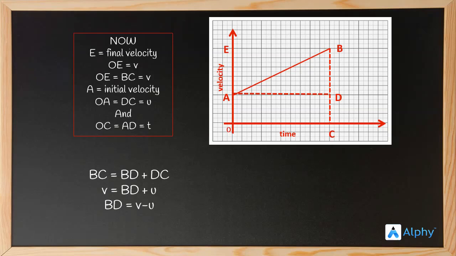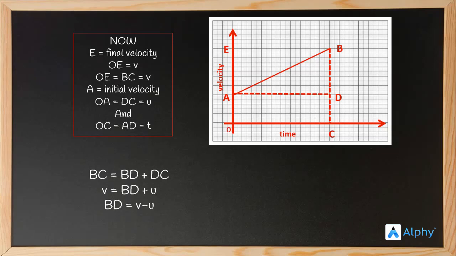So if I take a ratio of velocity by time, it gives me acceleration. So AB represents the acceleration of this graph. And acceleration is velocity by time. So for this AB, its corresponding velocity and corresponding time should be taken.